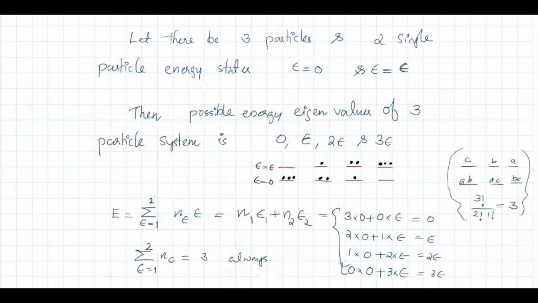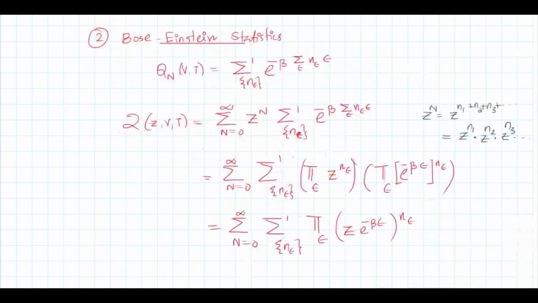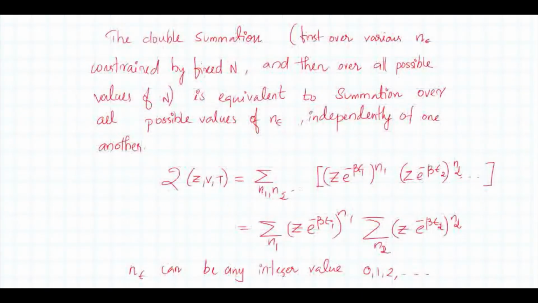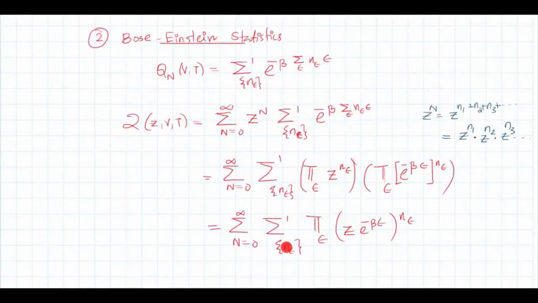In this example, we fixed the total number of particles as 3. Then we calculated, or observed, the various distributions. Okay. Now, if you vary that capital N from 3 to 4, 4 to 5, etc., then this n epsilon will also take all the allowed values.